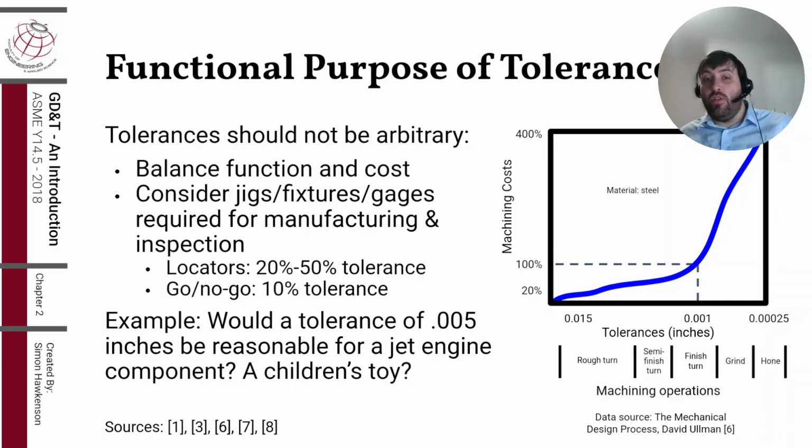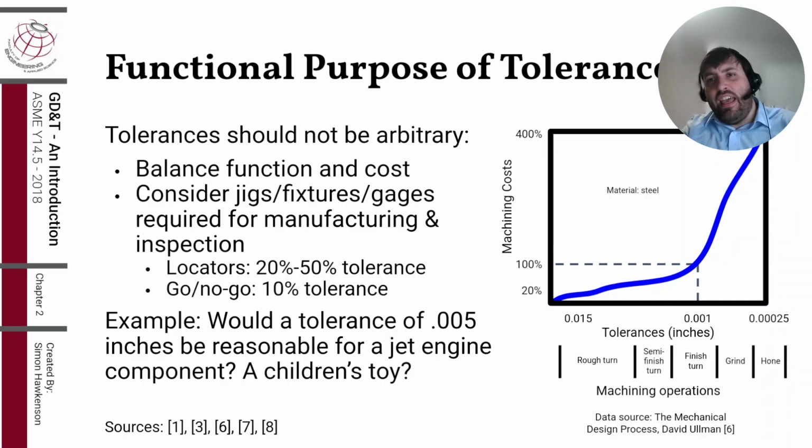So if you have a tolerance of 5/1000ths of an inch for a feature, your inspection gauge has a tolerance of 5/10,000ths of an inch. Is this gauge reasonably manufacturable within your budget? Do you even need a go/no-go gauge? For a jet engine component, yeah, that makes sense.